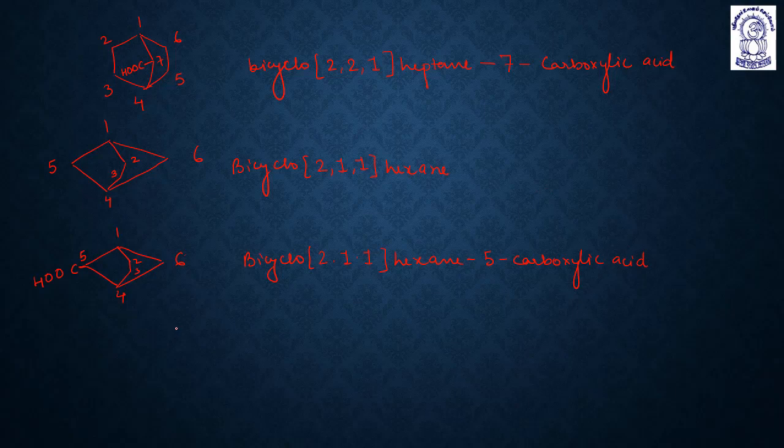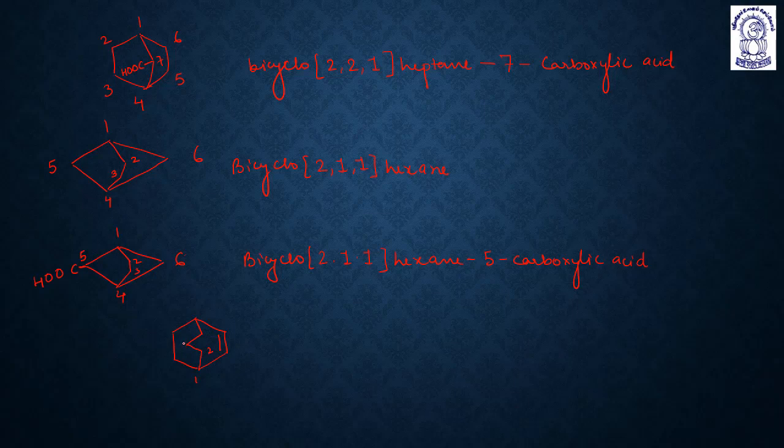If a bicyclo compound is having a double bond and the functional group, then the functional group will be favored. So here we are having 1, 2, 3, and on either side we are having 2, 2 carbon.